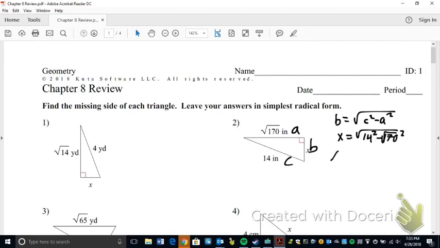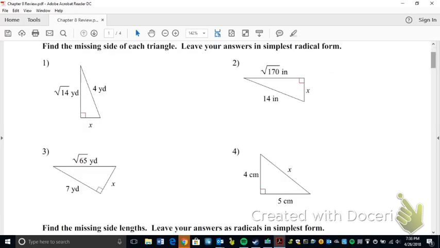Now notice here that we're squaring the square root of 170, and so again, those cancel each other out. So we get x equals the square root of 196 minus 170, or x equals the square root of 26. And that's it. You can't simplify that at all. It's 13 times 2.